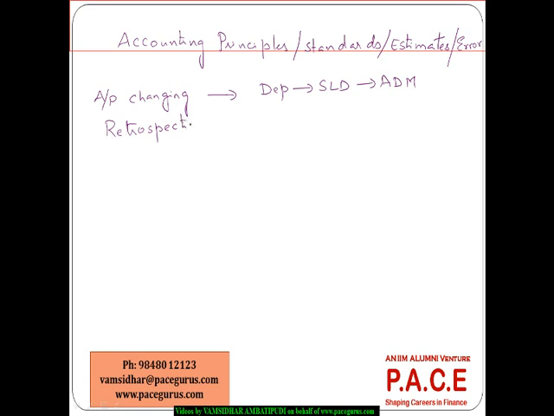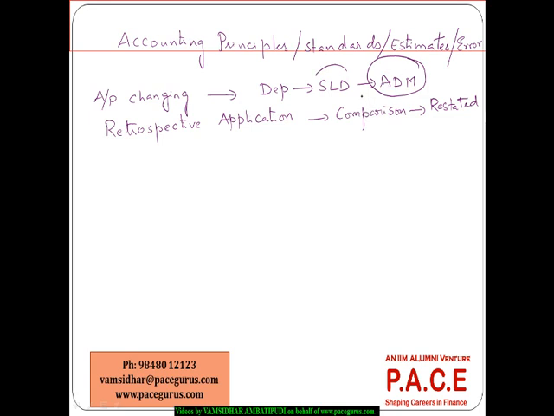It means the prior period, whatever is the past period that the company is showing for comparison purposes, even that period's financial statement also needs to be restated based on the accelerated depreciation method, not just the current year's.